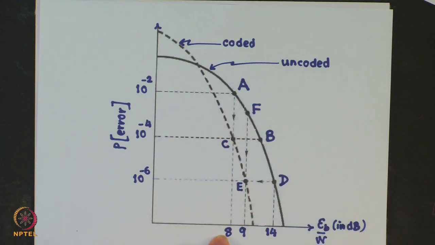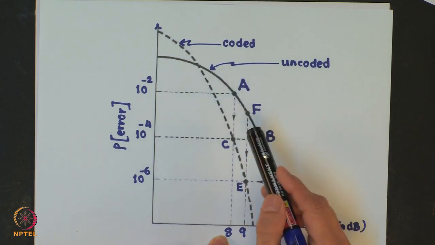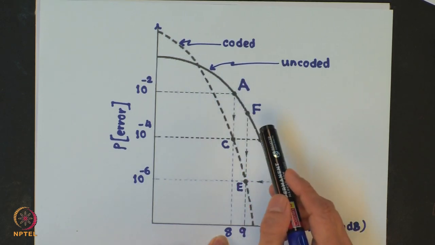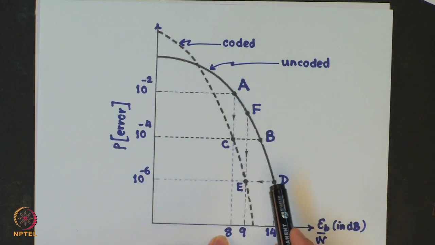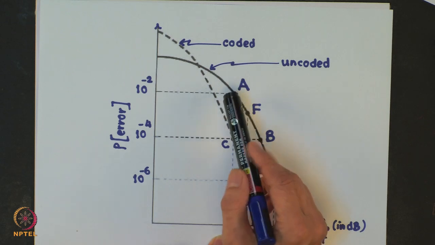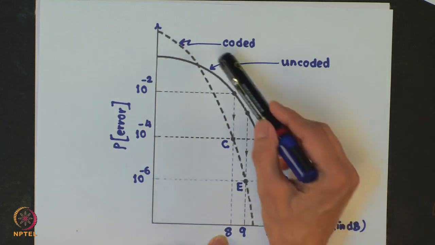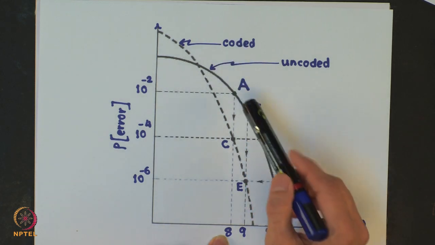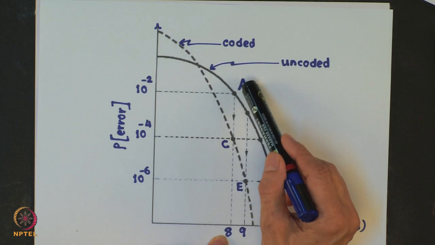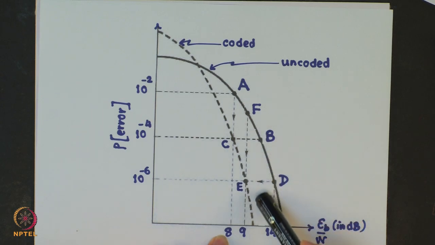But after a few trials, we find that this equipment is not performing well as far as the quality of the service is concerned, and it is desired that we reduce the probability of error to say 10 raised to minus 4. So, if we still use the uncoded system, we would be required to go from point A to point B. Now, this would demand higher SNR per bit.